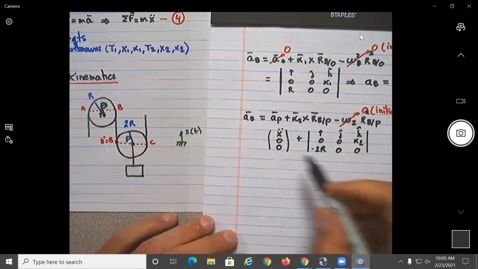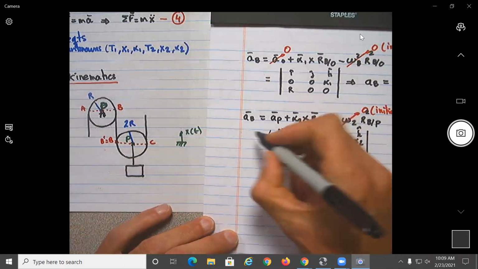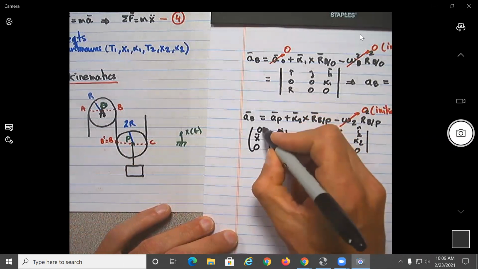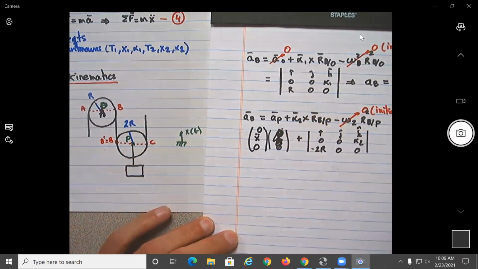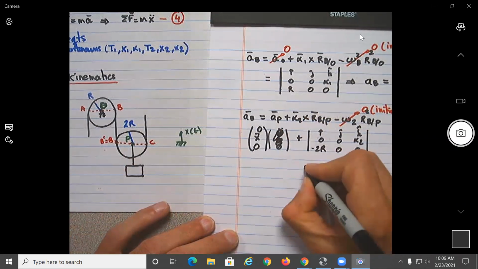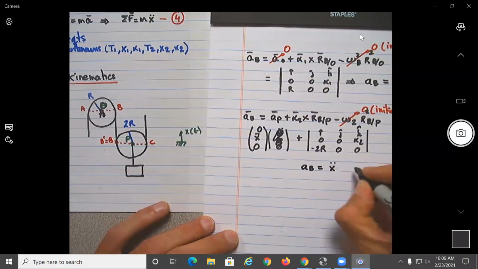And sorry again, this x over here, I put it on the x, but really it should be on the y, no? So sorry for that, this will be 0. Just because you have the x, I wanted to put it there. So this will give you that A sub B is equal to x double dot minus 2R alpha 2.